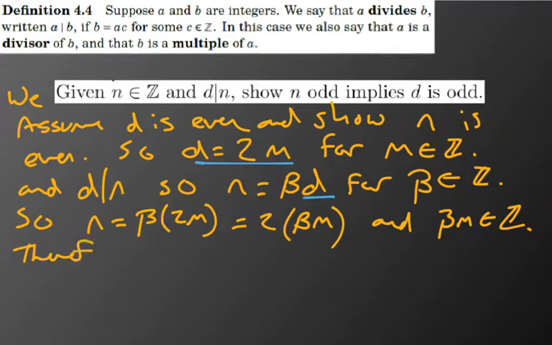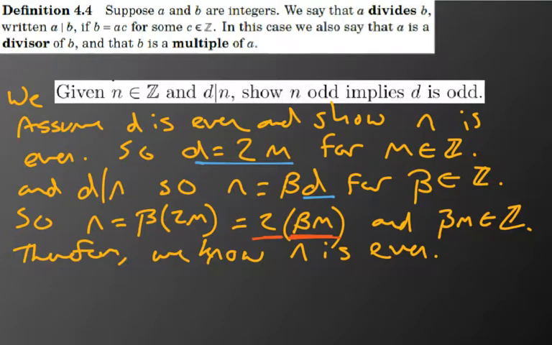Therefore, we know N is even, right? Because N equals 2 times an integer.